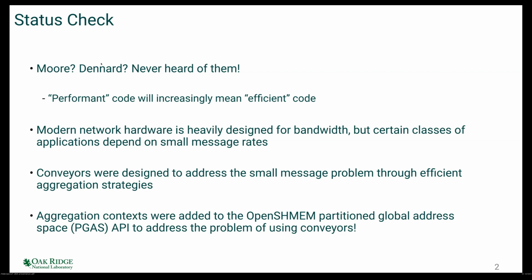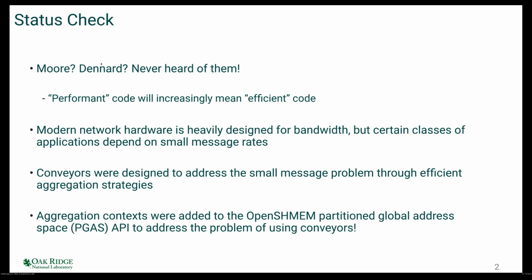And the problem that got us to this talk is that modern network hardware is heavily designed for bandwidth, as it probably should be, but certain classes of applications are heavily dependent upon the performance of small message rates. The conveyor model or library was designed to address the small message problem through efficient bulk aggregation strategies.